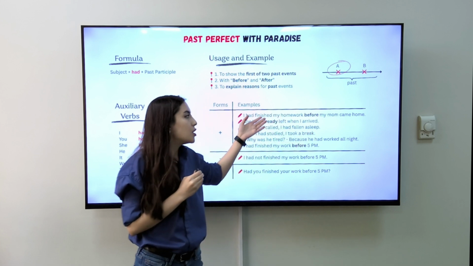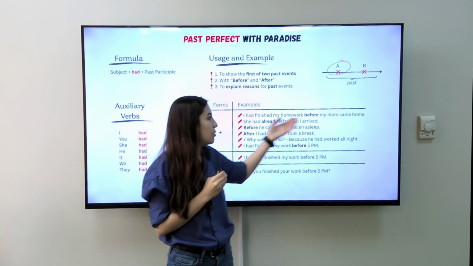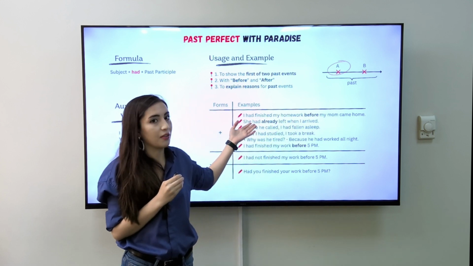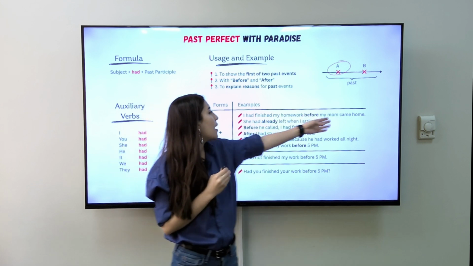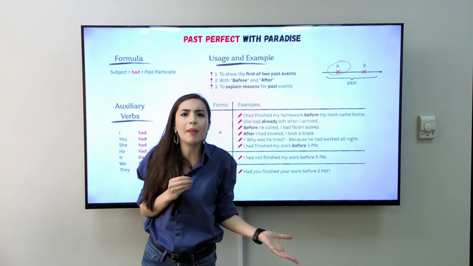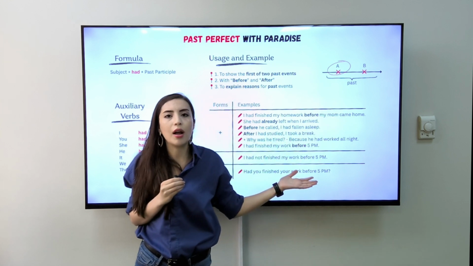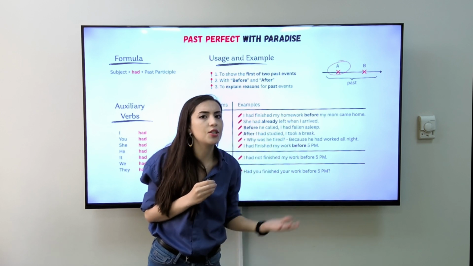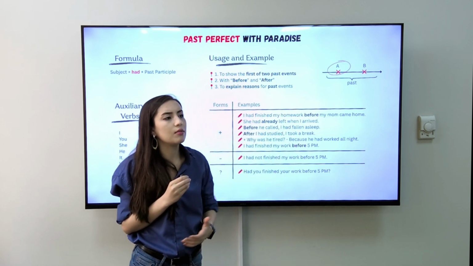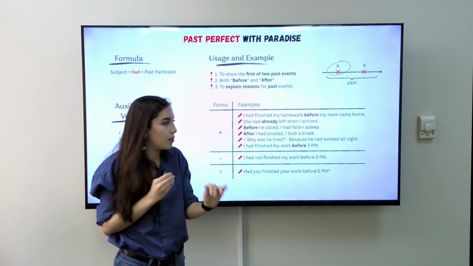It means that I did it and then mom came. So you see that for the first action, I use past perfect. And the next one is just simple past because it happened and that's it. I don't need to show that it's continuing to use continuous, or use perfect, because it was not the first action. So I use simple past.